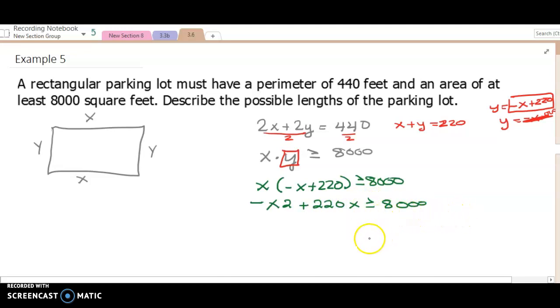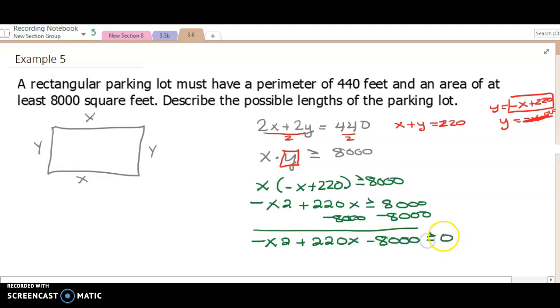Now I want to solve this, so I'm going to move this 8,000 to the other side. So I have negative x squared plus 220x minus 8,000 is greater than or equal to 0, because 8,000 minus 8,000 is 0. Now I cannot factor this, so I'm going to put this into the quadratic formula.